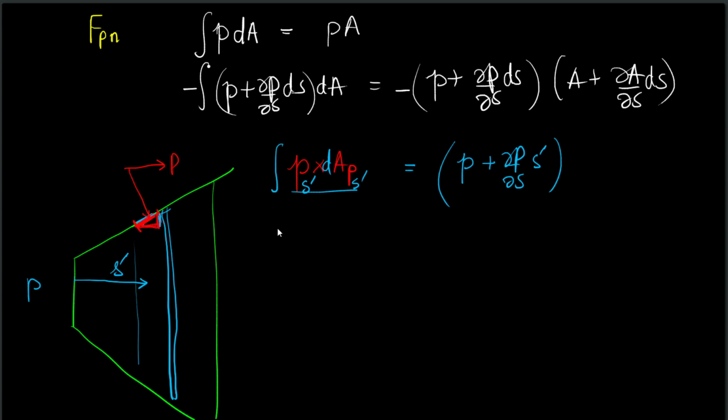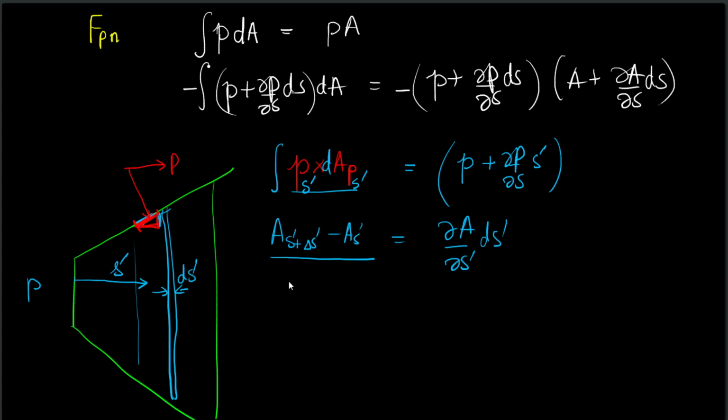It will be the area at s prime plus some delta s prime minus the area at s prime. So essentially it is dA, and dA will be del A del S prime times ds prime. So this delta will be ds prime. Convince yourself this is true. The projected area will be this cross section area minus the cross section area on the left, and using Taylor series you can easily show that it will be del A del S prime ds prime.